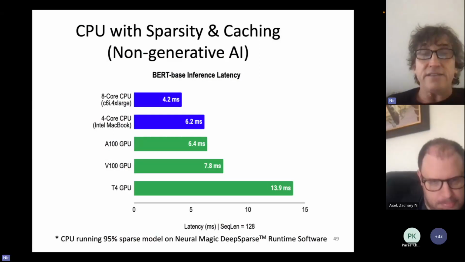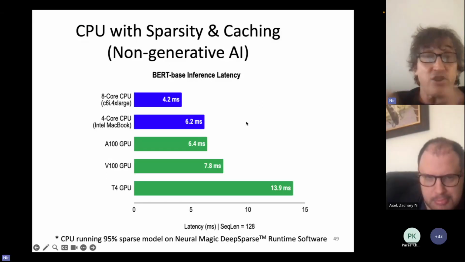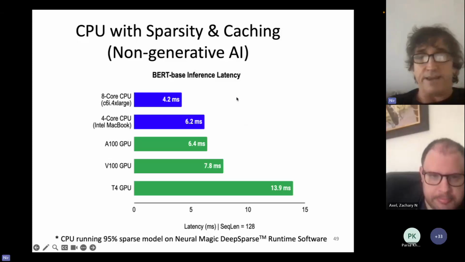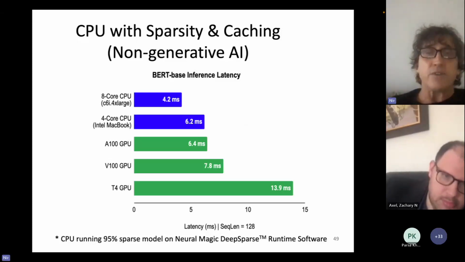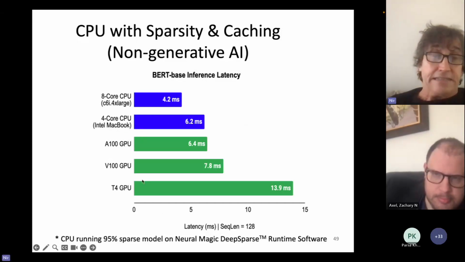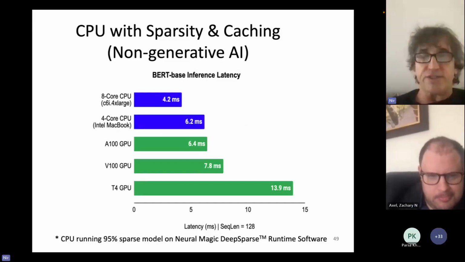And what you get from that is that you can actually make the CPUs perform in terms of latency just like the GPUs. This is not a generative AI example. This is not generating things, but just a BERT model, a very basic kind of language model. And what you can see is that a 4-core CPU in terms of latency is as good as any of the GPUs if you use sparsity and you run things using the caches correctly.